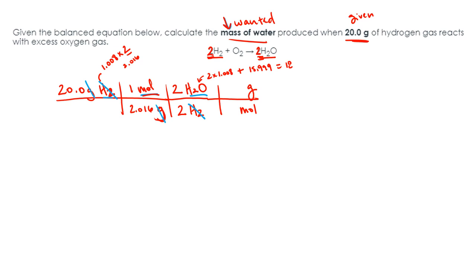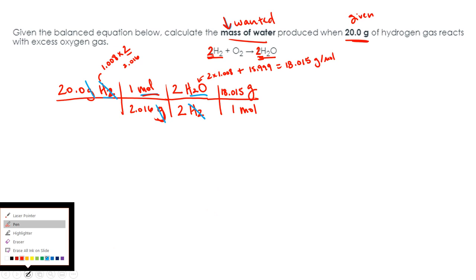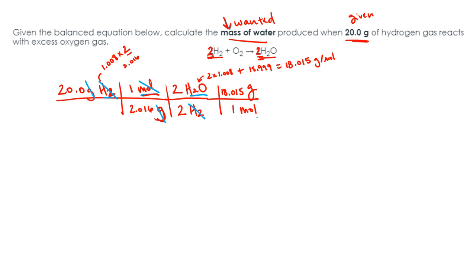We add those up, and we get a grand molar mass, 18.015 grams per mole. We can now cancel out moles on top and moles on bottom. We're left with grams of water, which is exactly what we want.